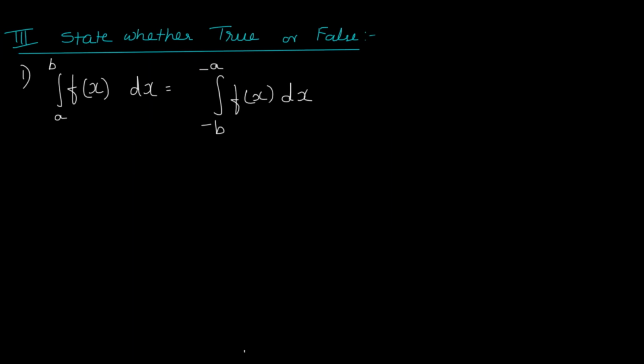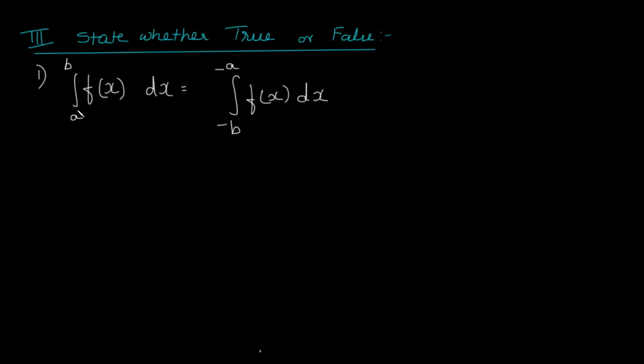Now in this, the first one: the integral a to b f(x) dx is equal to the integral minus b to minus a f(x) dx. Is it true or false? The integral a to b f(x) dx can also be written as minus integral b to a f(x) dx.